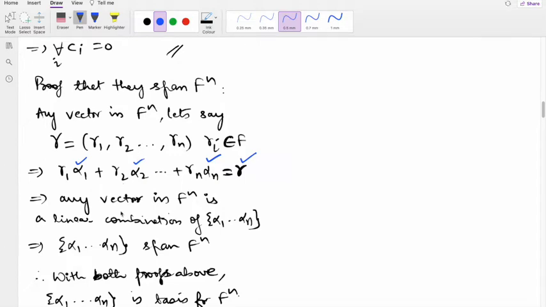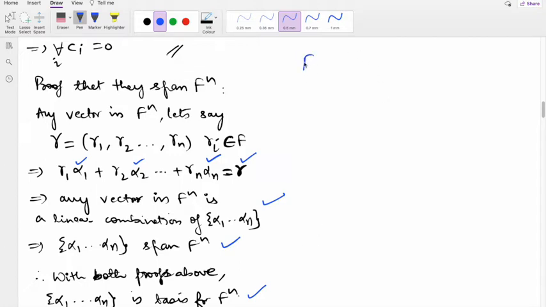So that means I can say that any vector in Fn is a linear combination of alpha 1 to alpha n, which basically implies that alpha 1 to alpha n spans Fn, and therefore this particular set is a basis for the vector space Fn, right?